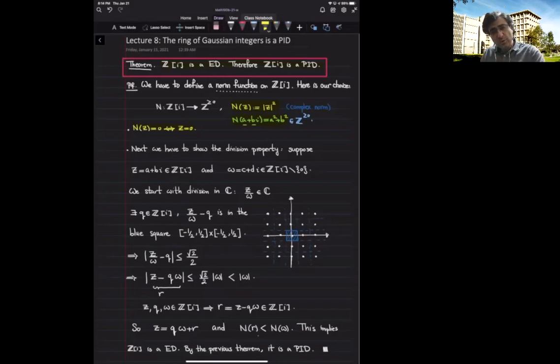So what we will do is start with division within complex numbers. So z and w are both complex numbers, and w is a non-zero complex number, and therefore I can talk about z over w as a complex number. So this is a complex number, similar to what we do in the integers. What do I mean by that?